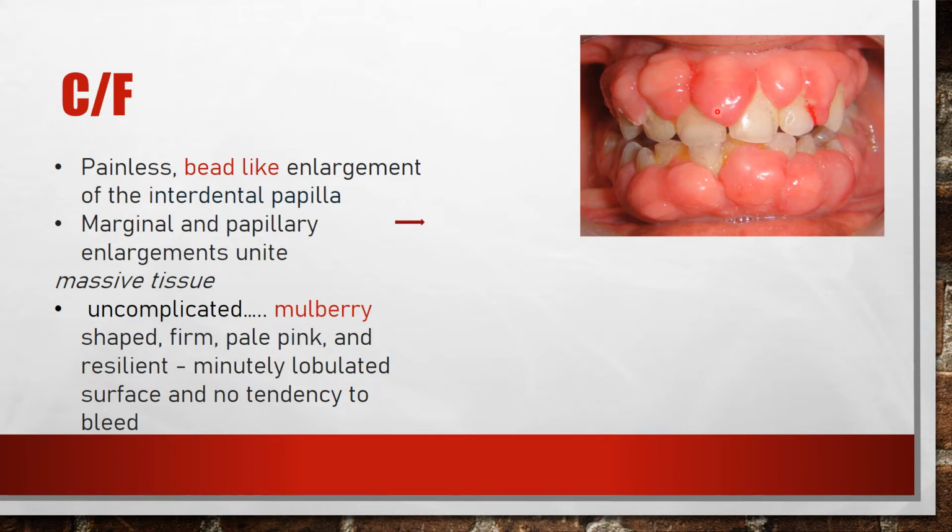If it is uncomplicated, it leads to a mulberry-shaped, firm, pale pink and resilient enlargement with a minutely lobulated surface and no tendency to bleed. You can see the bead-like enlargement in this clinical picture. When both the marginal and papillary enlargements get united, it leads to the mulberry shape. Otherwise it will be bead-like papillary enlargement.